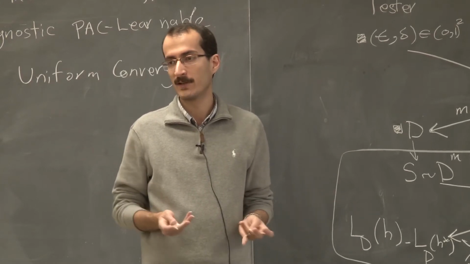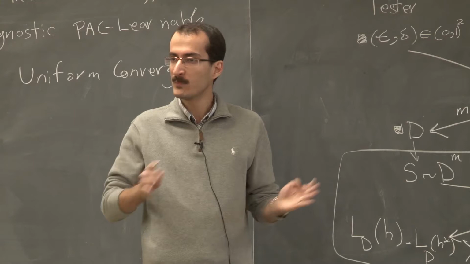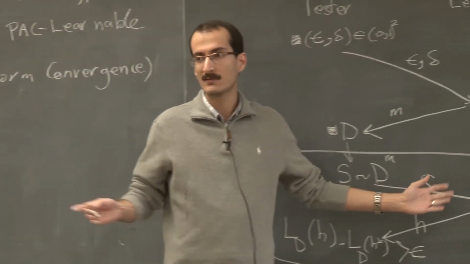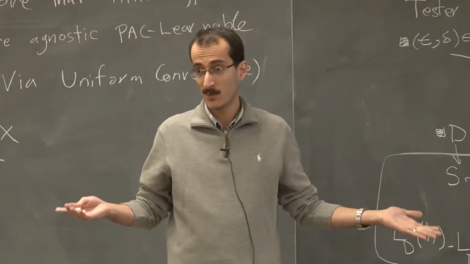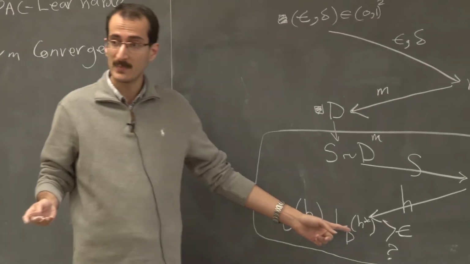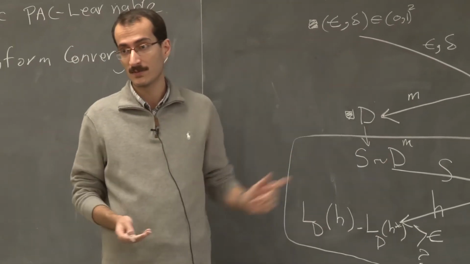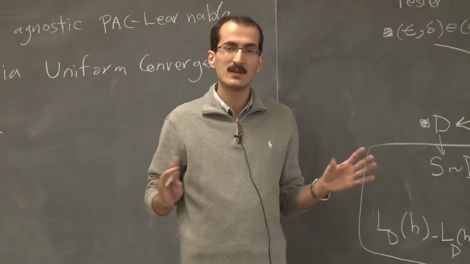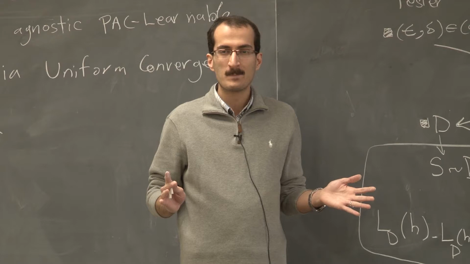So there's a term for it. And there are non-proper cases where it can output any labeling that it wants, but it will again be compared against the best one in H. So that's non-proper learning. Both of them have similar characteristics.